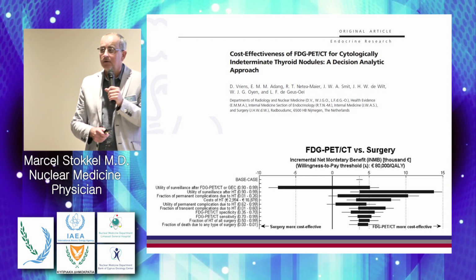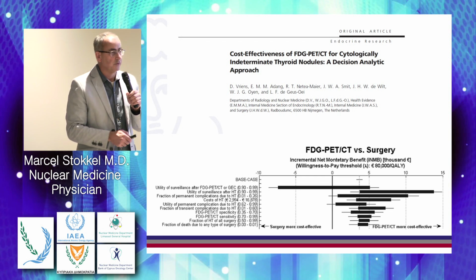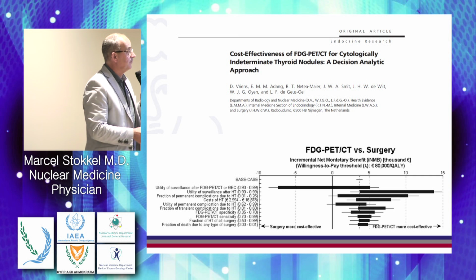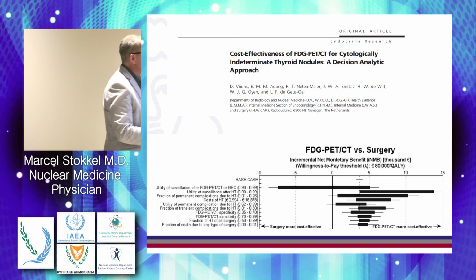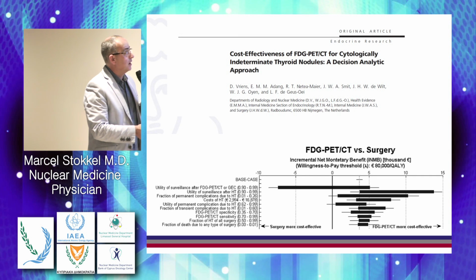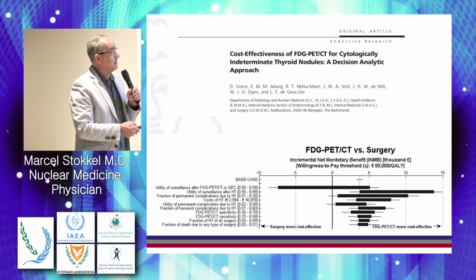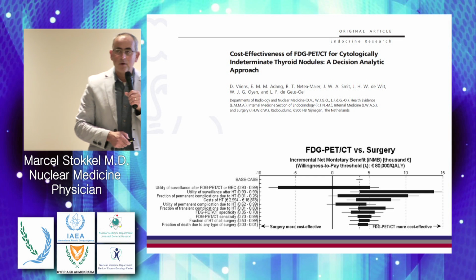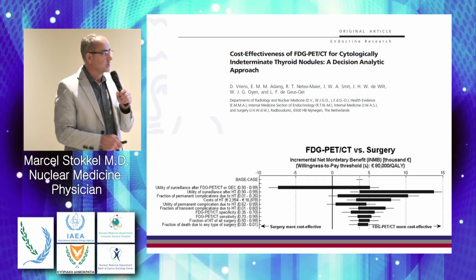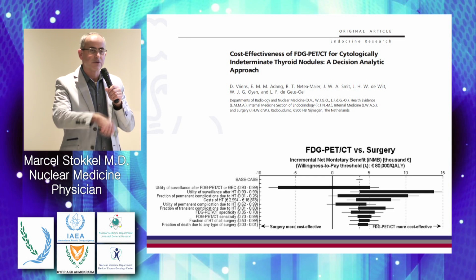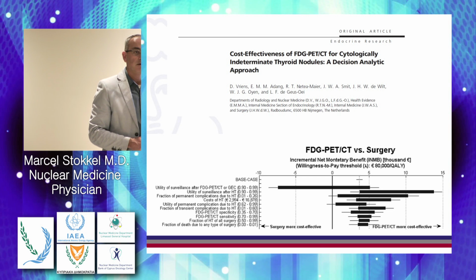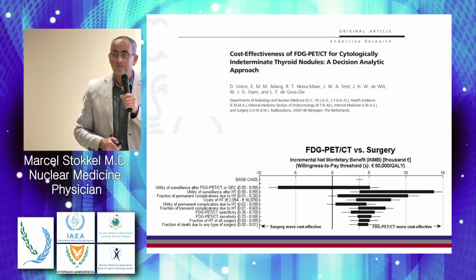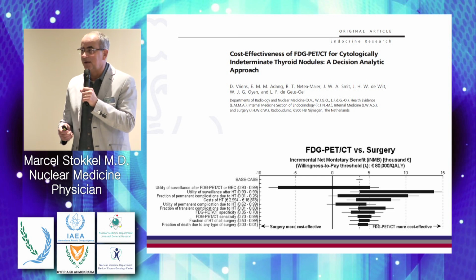Also, last year, and based on these results, the cost effectiveness of FDG PET scan for cytologically indeterminate thyroid nodules was assessed with a decision analytic approach. And the most important conclusion of that study was that, of course, you can go straight forward to a hemithyroidectomy to establish the diagnosis, but that costs money.